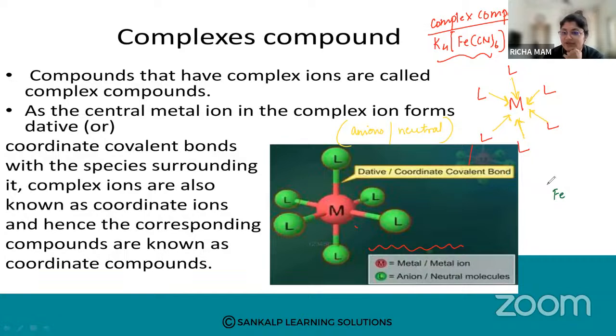Fe will be in the center, students, and you have CN, CN, CN, CN, CN, CN. So these are our 6 CNs.